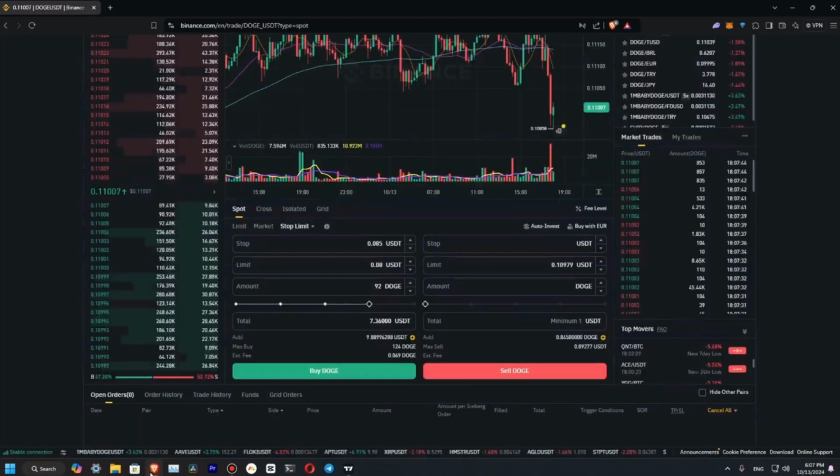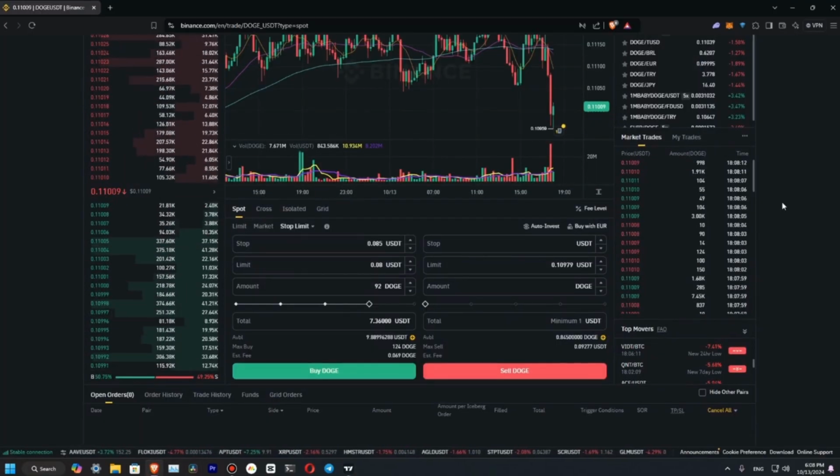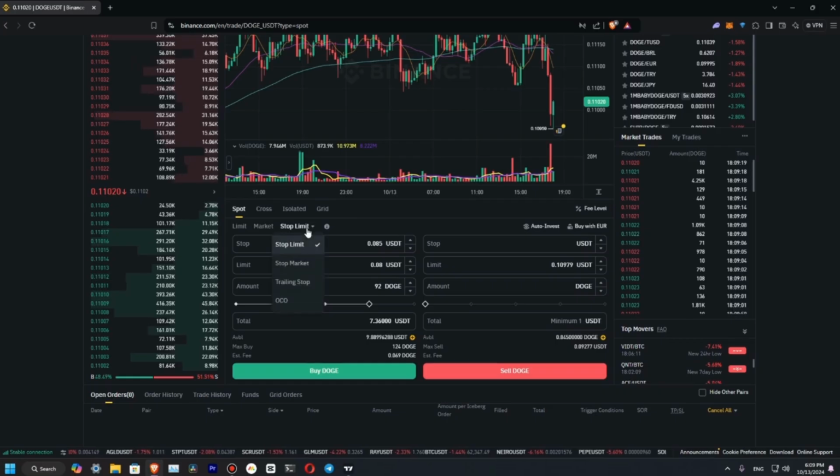So let's go back to Binance. Stop limit orders are used for protecting profits or limiting losses by automatically buying or selling assets when certain price conditions are met. Finally, there are some more advanced order types that are not used as frequently, such as trailing stop and OCO orders, which you can find over here.